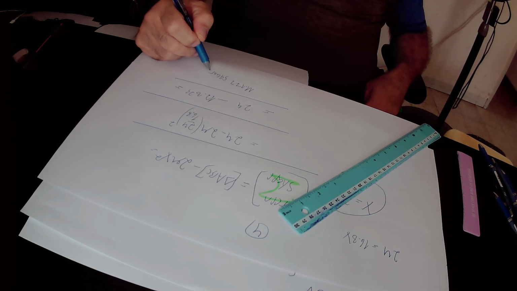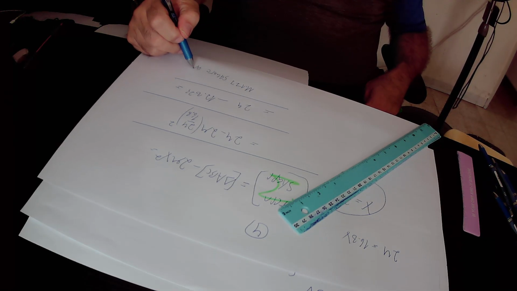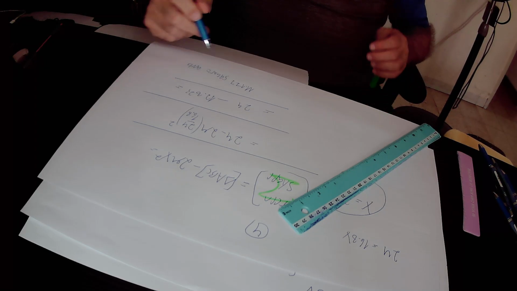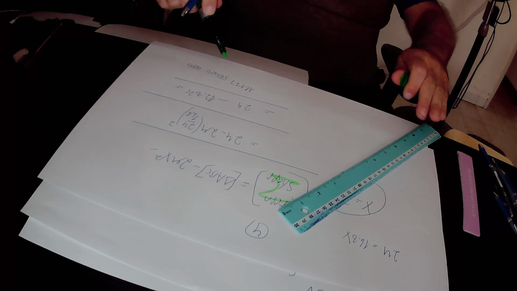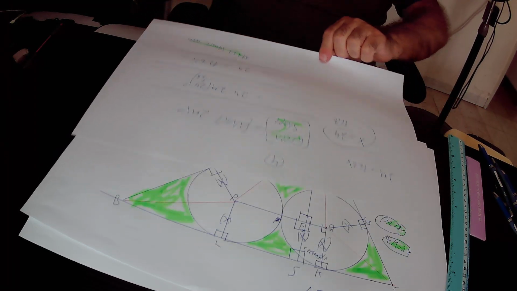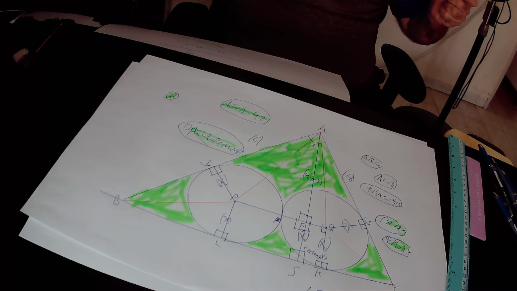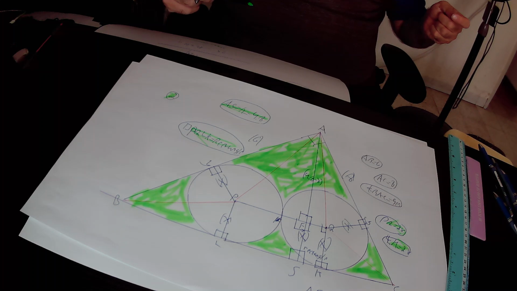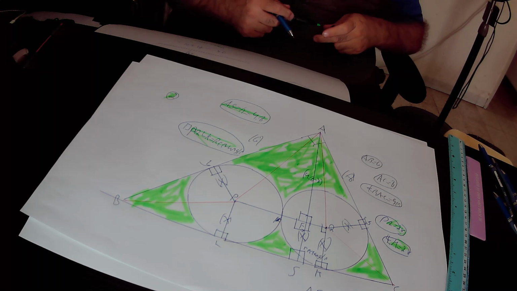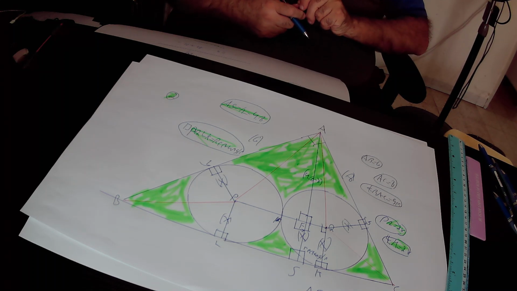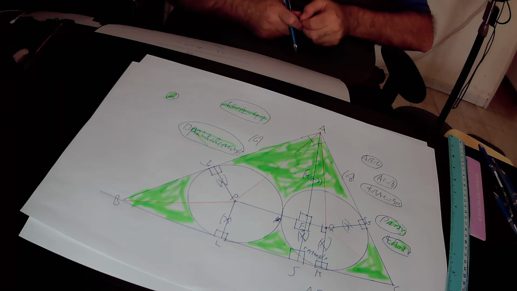That is the answer to the question. This is the area of the shape, in total 11.177 square units. So we finish with the second question. In the next step of the lecture, we will start with the first question.